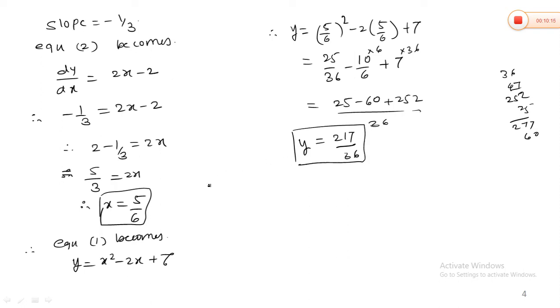So for x equal to 5 by 6, y equal to 217 by 36 and slope equal to minus 1 by 3, we have to find the equation of the tangent.